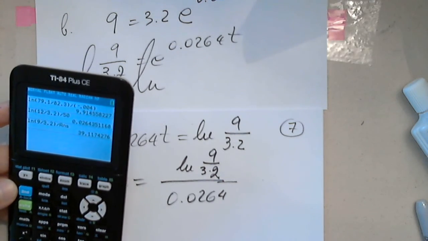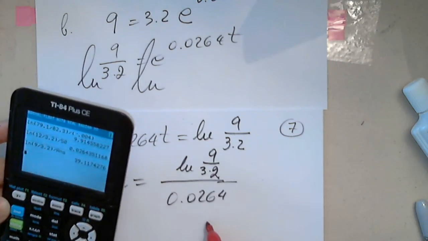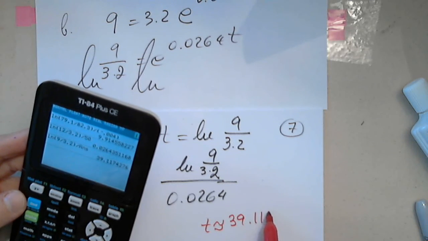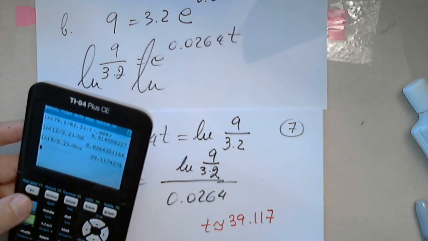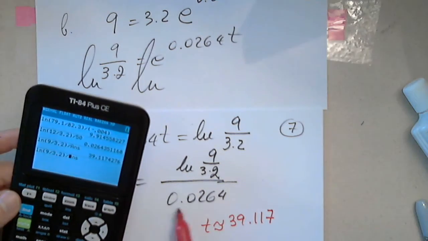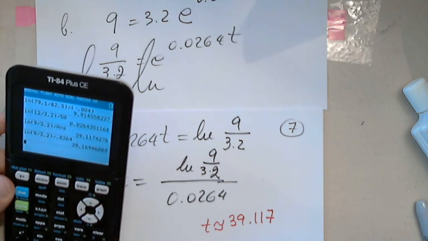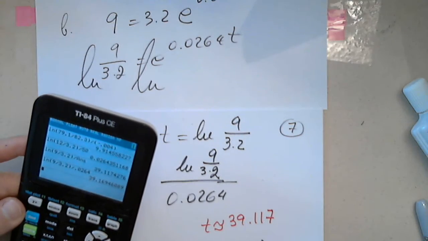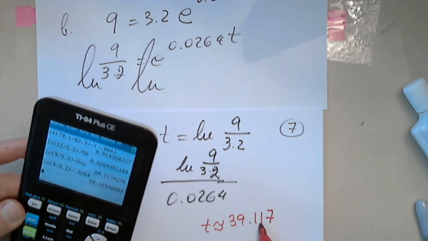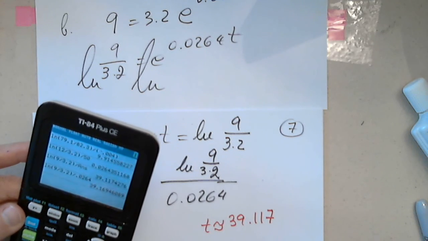With the entire answer, nothing truncated, I got that t is approximately 39.117. Now I'm going to redo this calculation, divided by 0.0264. I'm just curious to see. The difference is at the 100th, so for this situation, it's not such a big deal.